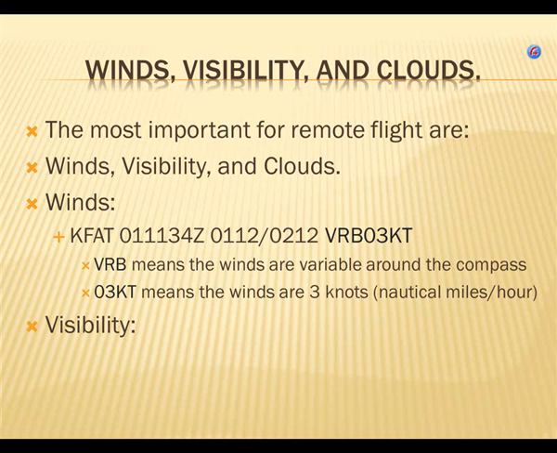So nautical miles are 15% more than statute miles, right? Because you have 6,076 feet in a nautical mile, and you only have 5,280. So if you have 3 nautical miles, that's 18,000 some odd feet, divided by 5,280 is more than 3, right? It's 15% more than 3. So if you want to convert from knots back to miles per hour, multiply times 1.15.